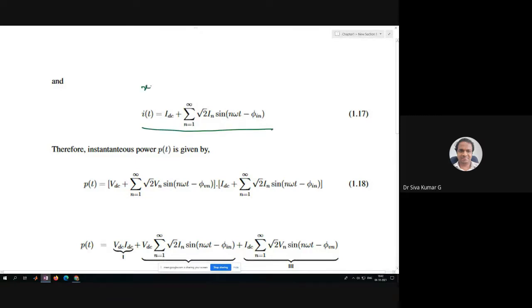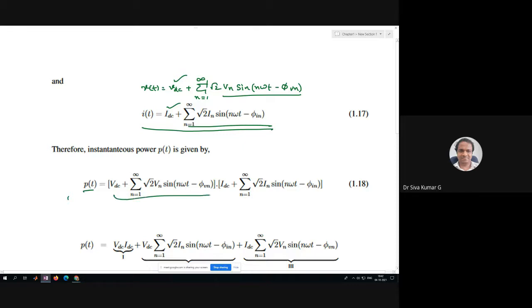We have v of t as VDC plus the summation of n equal to 1 to infinity of root 2 times Vn sine of n omega t minus phi Vn, with respect to which there might be a displacement in the voltage also. We are taking the VDC and IDC components, and we have voltage harmonics as well as current harmonics. Now the instantaneous power is given by this equation.